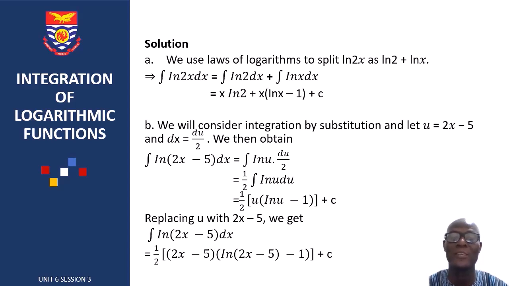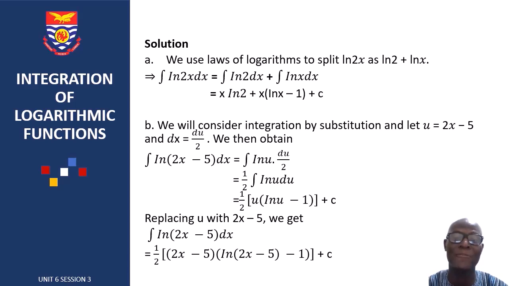We have dx to be du over 2. This implies that our integral ln into braces 2x minus 5 dx is equal to the integral ln u times du over 2.